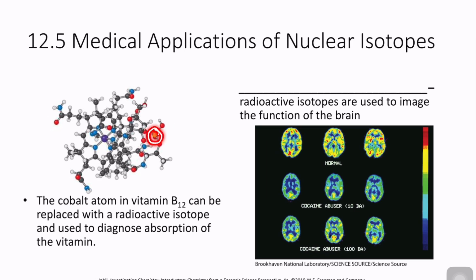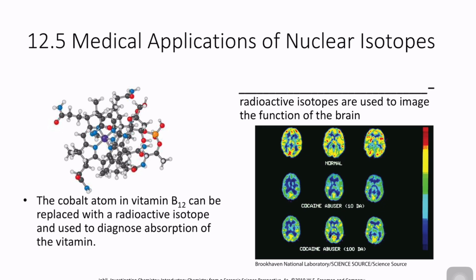So we have a cobalt atom right here, and we can replace that cobalt with a radioactive isotope. And this can be tracked throughout your body. So we can tell if your body is absorbing the B12 or if it's just going straight through your body.